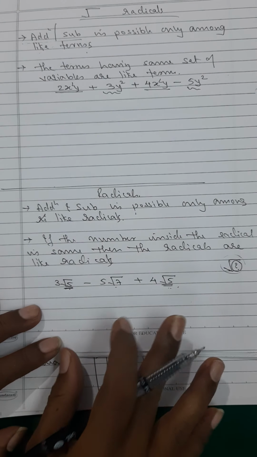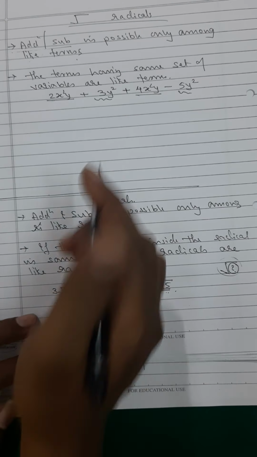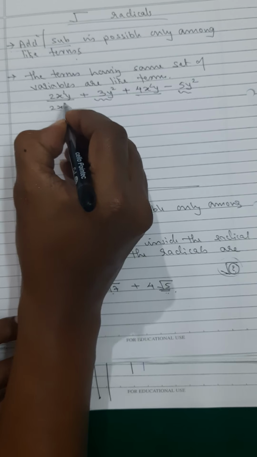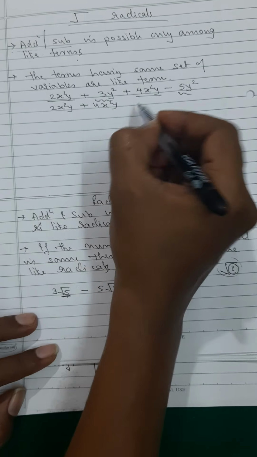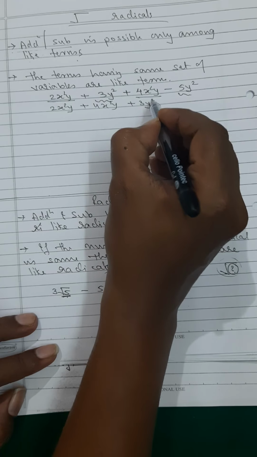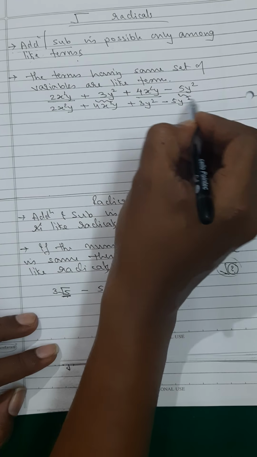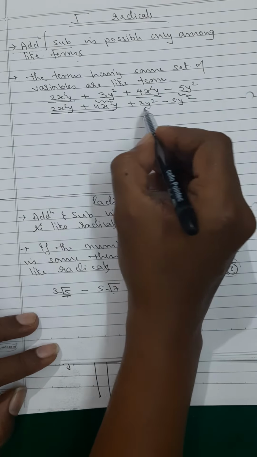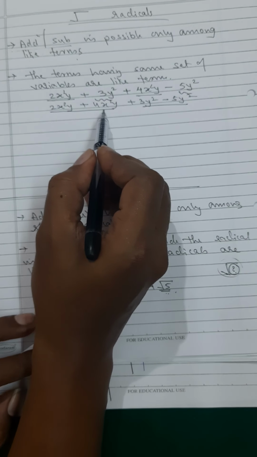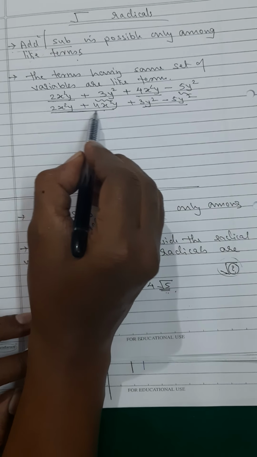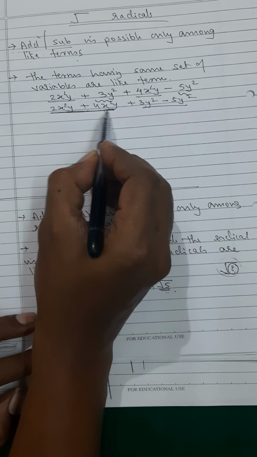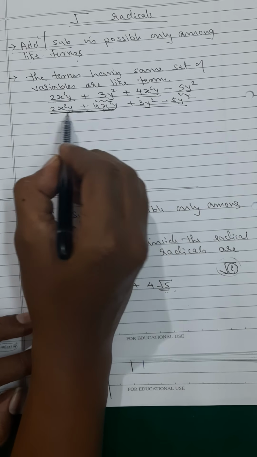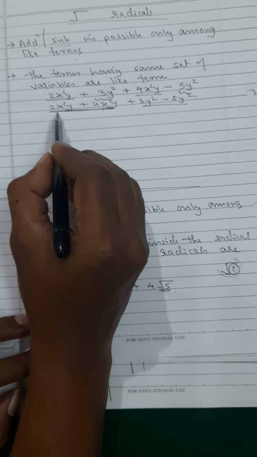The next step is going to be the same as we have done over here. See here, 2x square y plus 4x square y plus 3y square minus 5y square. The same set of rules will go. While the like radicals are decided by the variables, the actual action of addition or subtraction takes place among the coefficients.